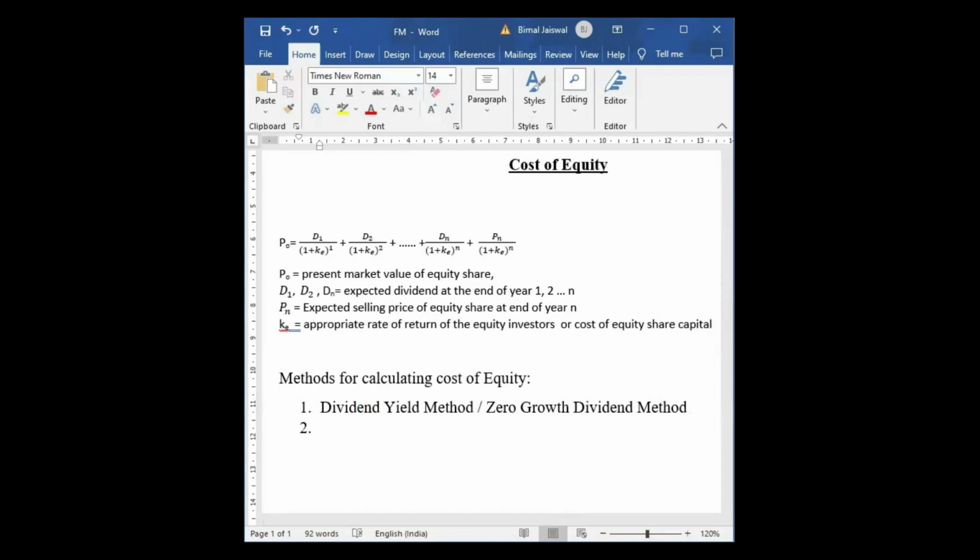Secondly, there can be growth in the dividend. We can say the dividend growth model, which sometimes is also called normal growth.